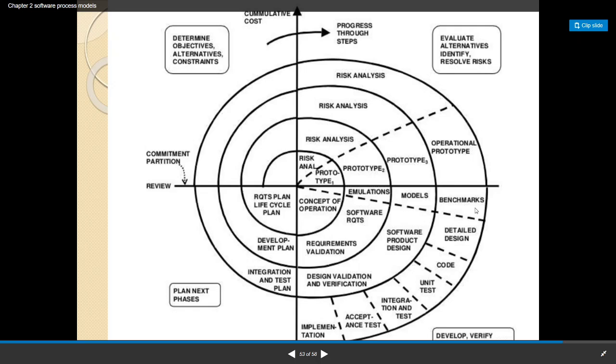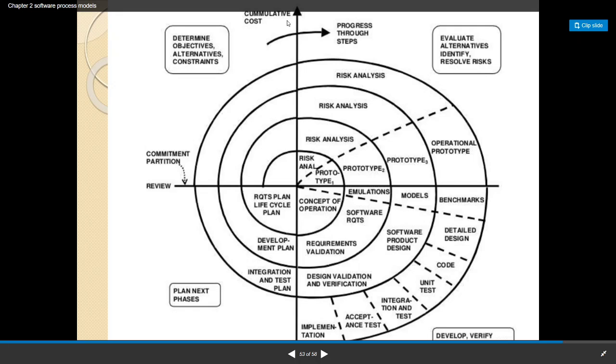Then any benchmarks you need to add or keep in mind are done here. Detailed design is done. Coded unit testing is done. Integration testing is done. Acceptance testing is done. And lastly it is implemented. So what happens actually to this line, it's a commitment partition, that is for the review.